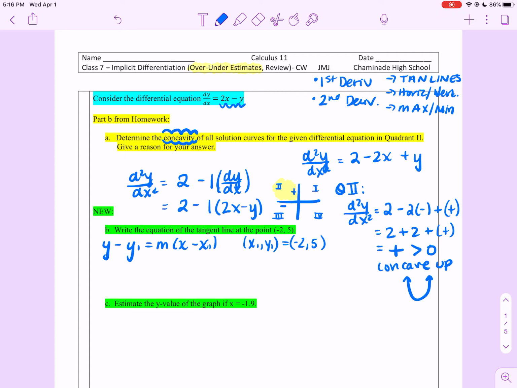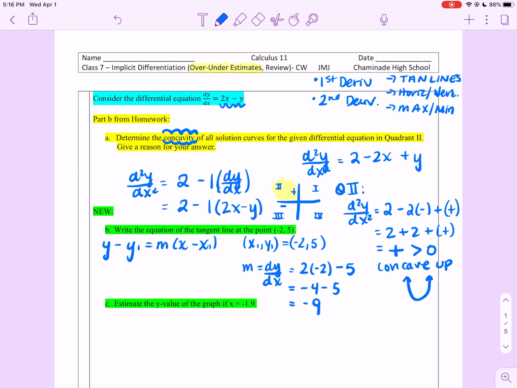So for the slope here, remember your slope is equal to your dy/dx. This will be 2 times -2. Remember, this is 2x, and then minus y, or minus 5. If we simplify that out, that is -4 minus 5, which also happens to be -9.